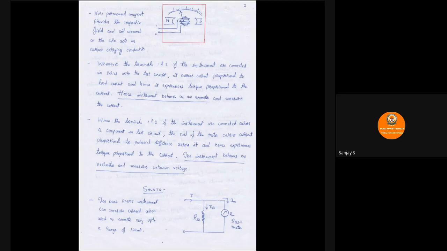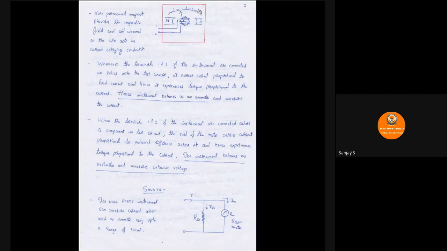On the other hand, whenever the terminals 1 and 2 are connected across a component in the test circuit, that is, in parallel to a component in the test circuit, the coil of the meter carries current proportional to the potential difference across that component. So the potential difference across that particular component drives the current through this PMMC coil. Hence the coil and the pointer experience a torque.